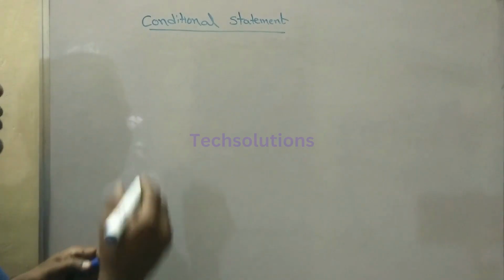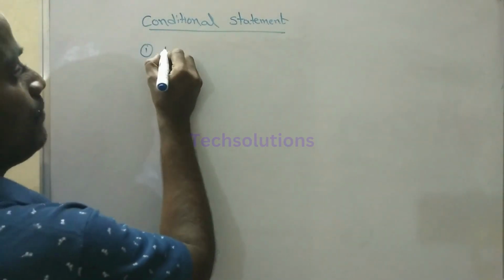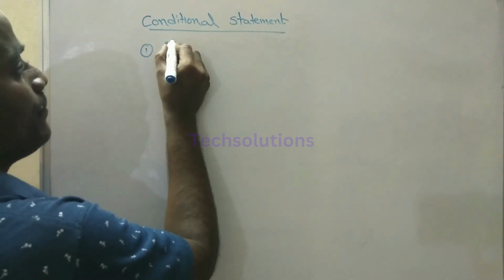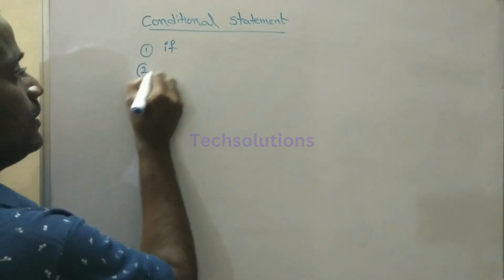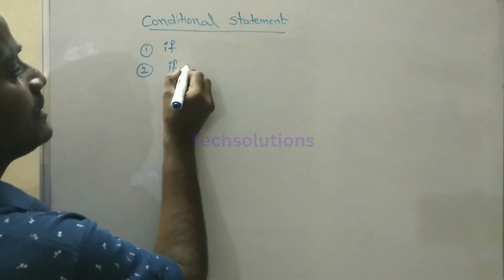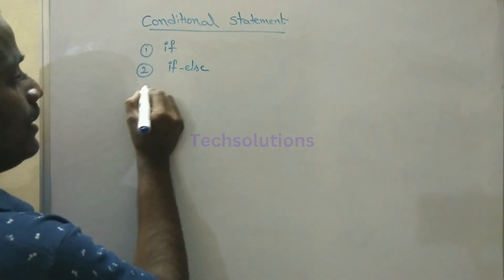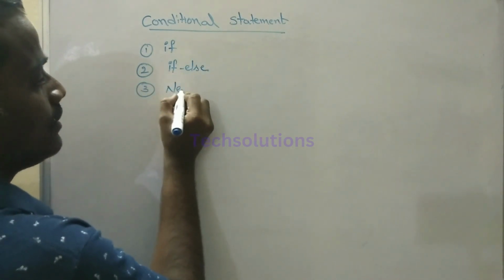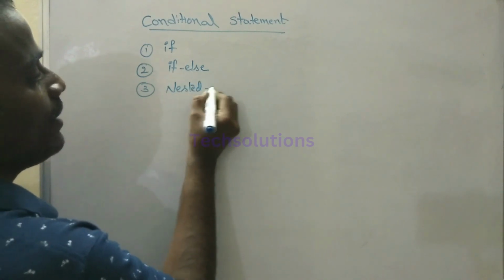What are the different statements we have? The first one is simple if, or if statement. The second one is if else, and the third one is nested if else.